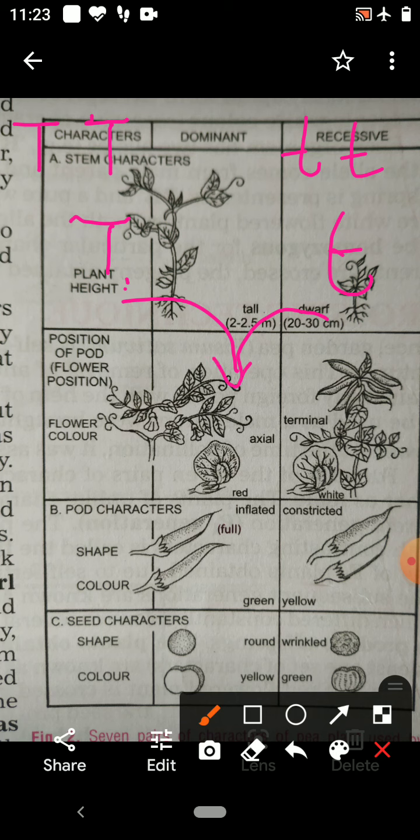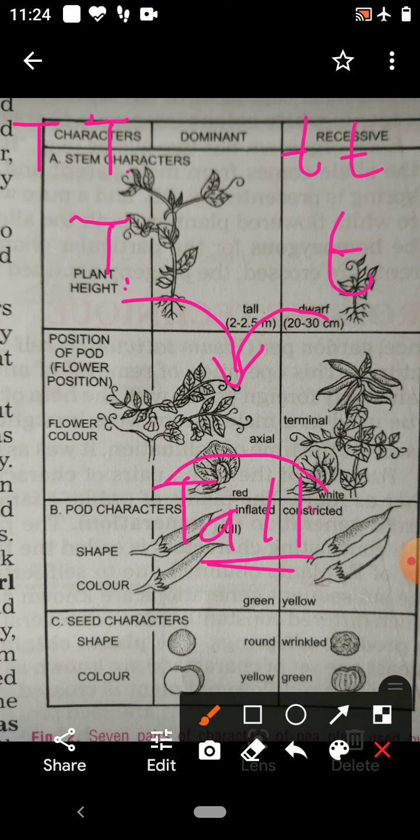After the cross pollination, the plants which were produced were found to be tall, meaning the phenotype of the progeny plant is like one parent. So I told, when there is a cross between pure tall and pure dwarf, the progeny produced, the phenotype, meaning observable characters, that is called phenotype.